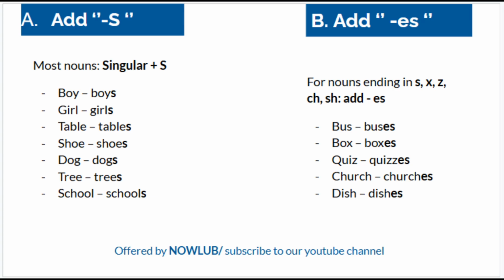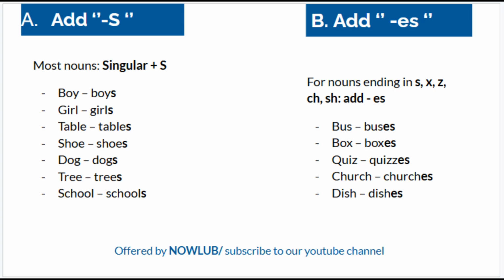For example, bus, because it ends with S, we say buses. One bus, two buses. Box, boxes. Quiz, quizzes. Church, churches. Dish, dishes. You see, we are adding ES because our singular nouns are ending in S, X, Z, CH, and SH.